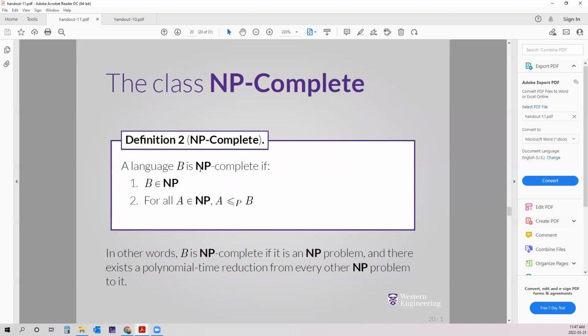A language B is NP complete if B belongs to NP, and for all A belonging to NP, A can be reduced in polynomial time to B. B is NP complete if it is an NP problem, and there exists a polynomial time reduction from every other NP problem to it.